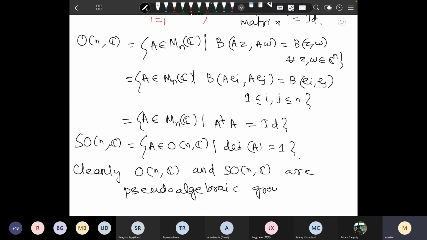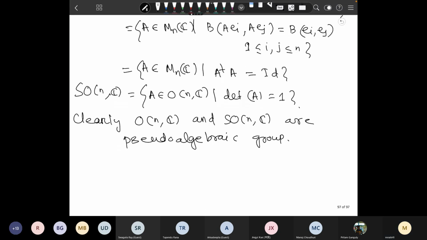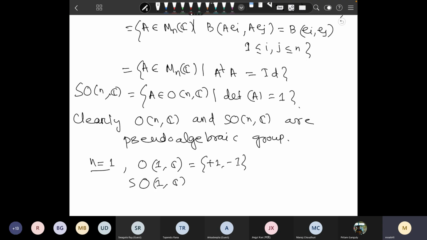So now what I want to do is see compactness. For n equal to 1, O(1, C) is equal to plus minus 1, and SO(1, C) is equal to plus 1.